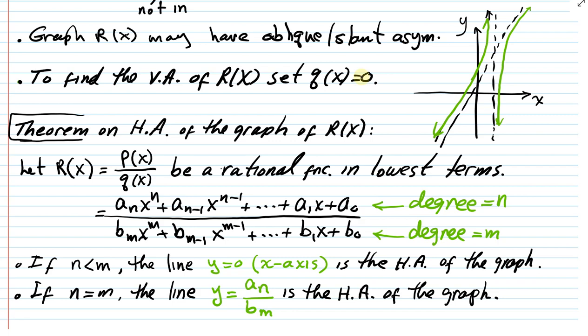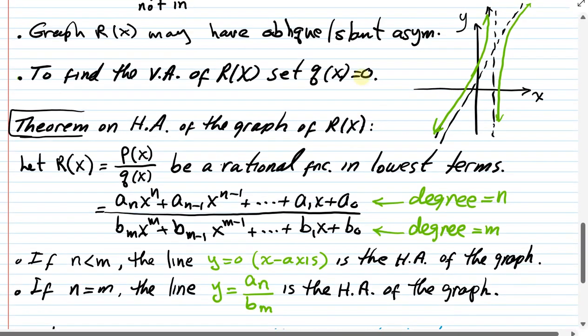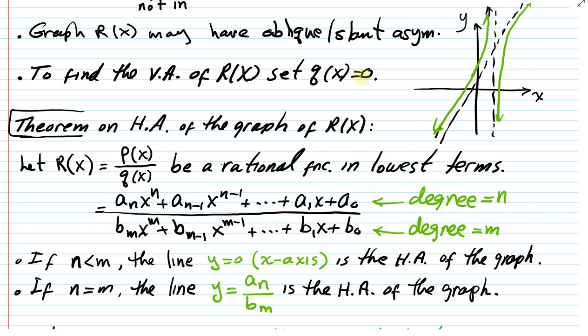All right. Now, for the part that we are interested in here, if the degree of the polynomial in the numerator is less than the degree of the polynomial in the denominator, then the x-axis is the horizontal asymptote of the graph.